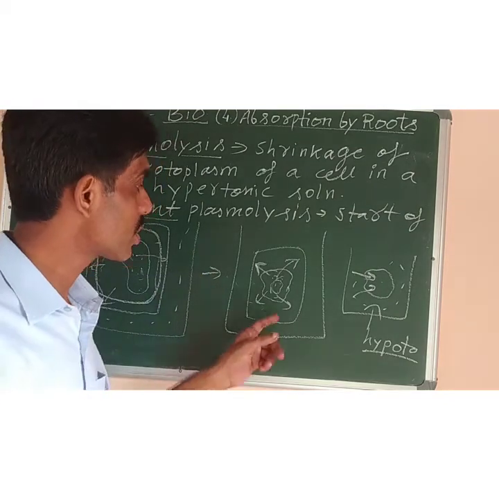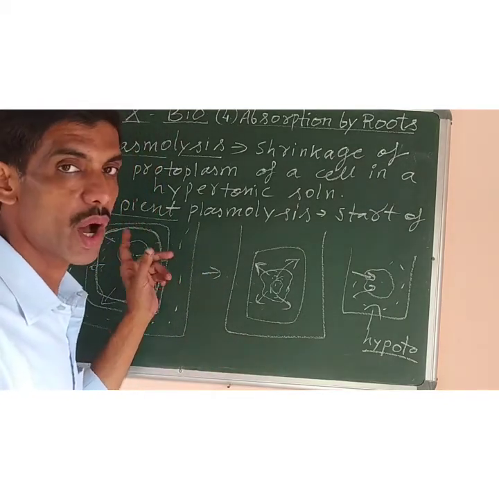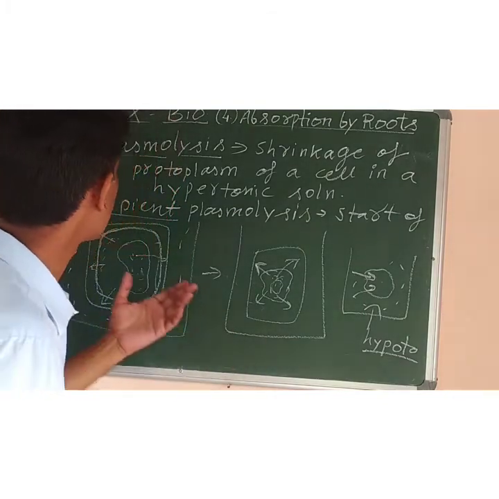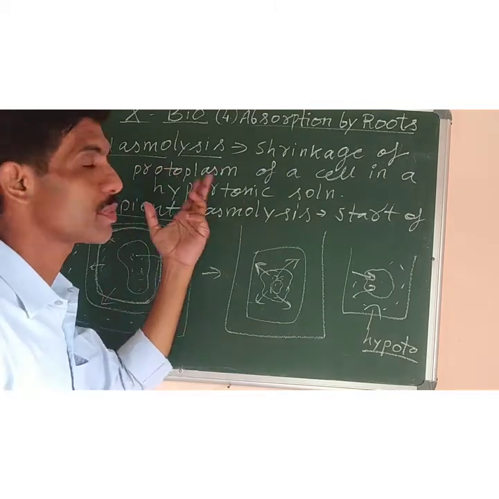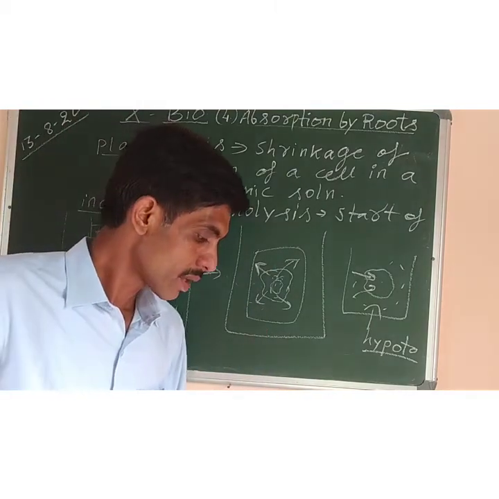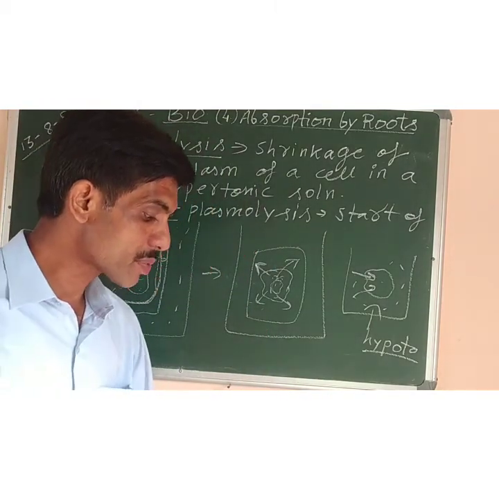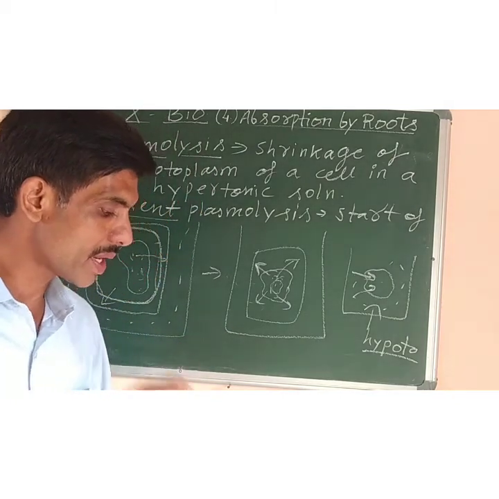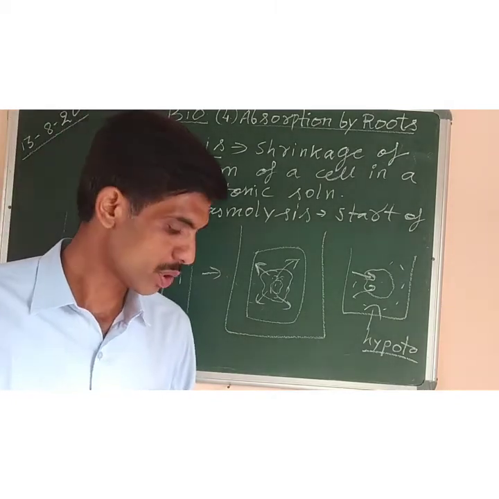Why? Because of the breaking of the cell membrane away from the cell wall, which causes damage, and that's why the word lysis, meaning breakdown, is used. So if permanent plasmolysis occurs, a cell cannot regain turgidity even after it is transferred to a hypotonic solution.